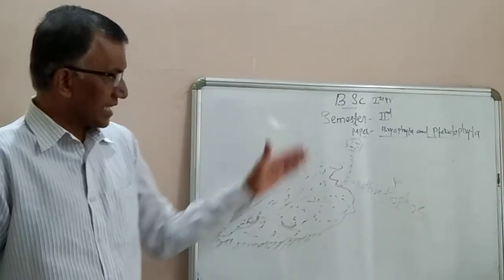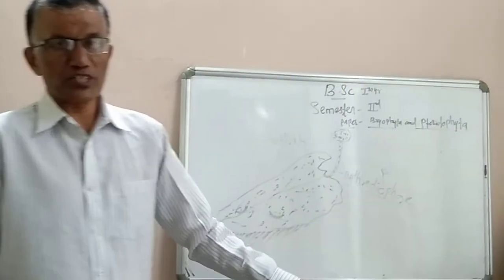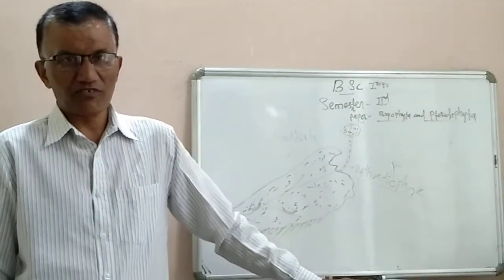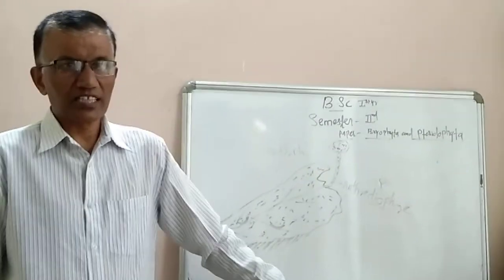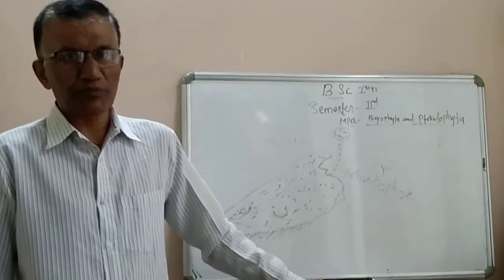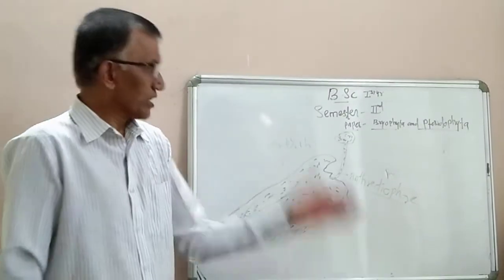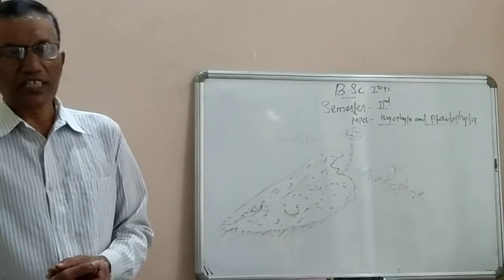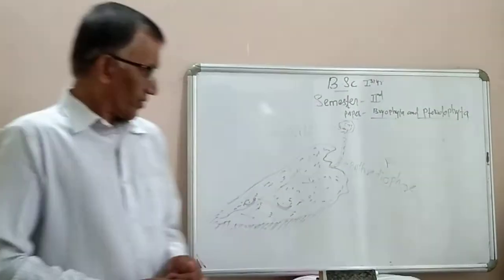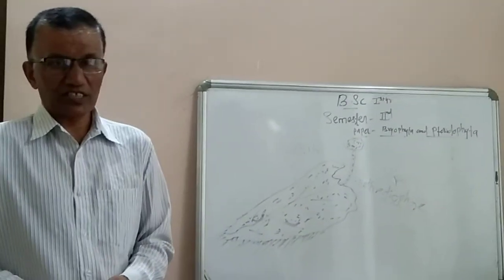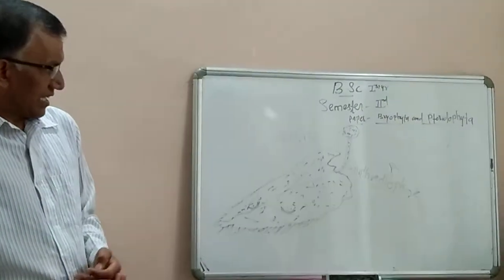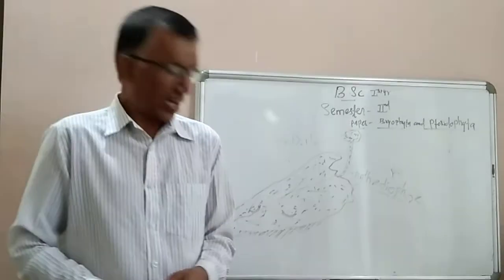Yesterday we saw the classification of Marchantia, then occurrence, where it occurs, then the structure of Marchantia and how multiplication and reproduction take place. With the figure, today I am going to review what we discussed yesterday.